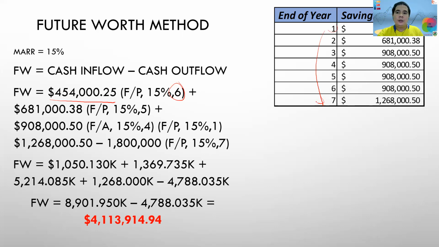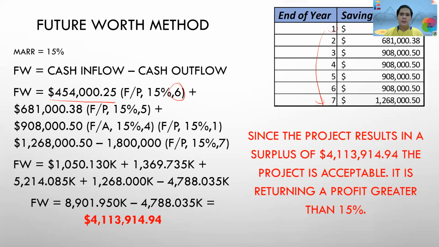With that, you can know that the future worth of your investment is equivalent to 4,113,914.94. It also comes with your decision that since the project results in a surplus of 4.1 million, the project is acceptable. It is a profit, returning a profit greater than 15%.